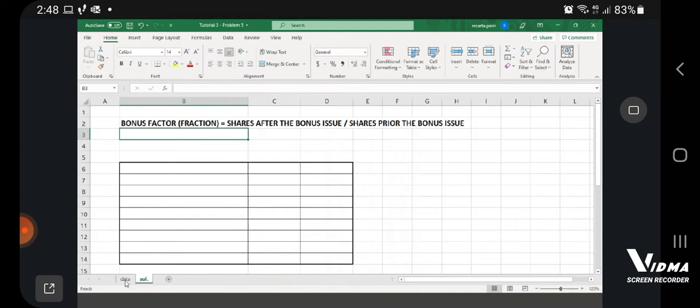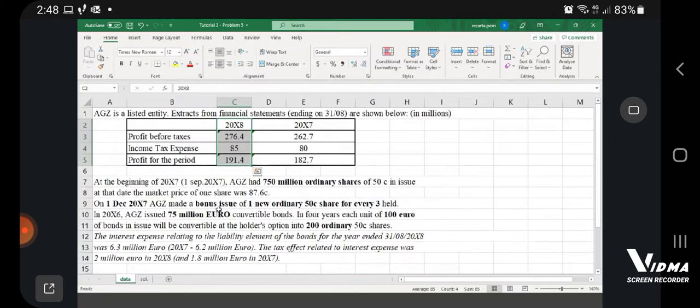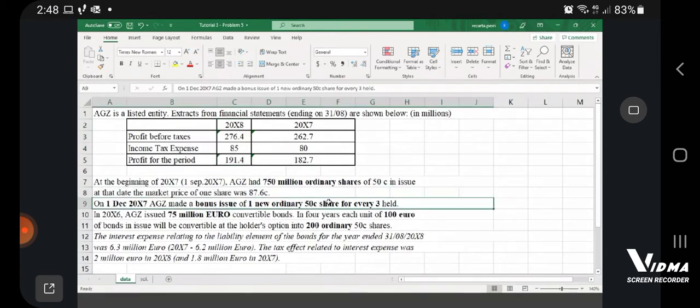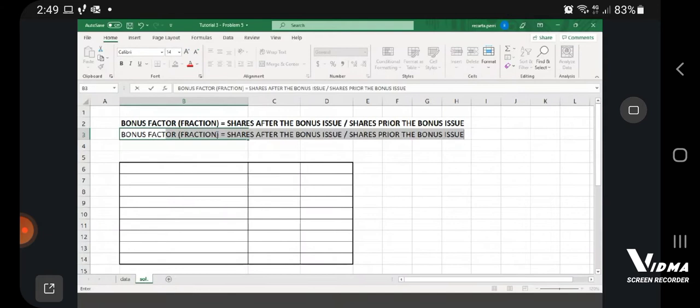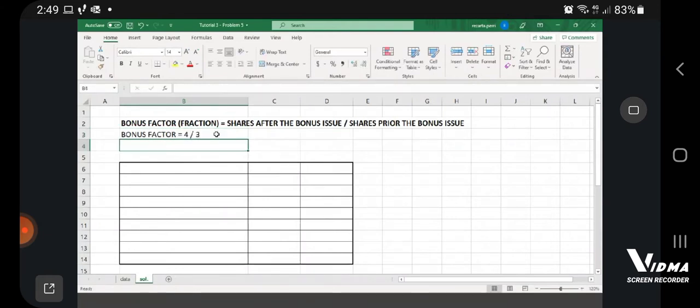Just have a look at the bonus that is mentioned over here. The bonus is 1 for every 3. That means that before the issue of the bonus we have 3 common shares, and after the issue of the bonus we will have 1 more, that is 4 to 3. So the bonus factor is equal to 4 to 3.